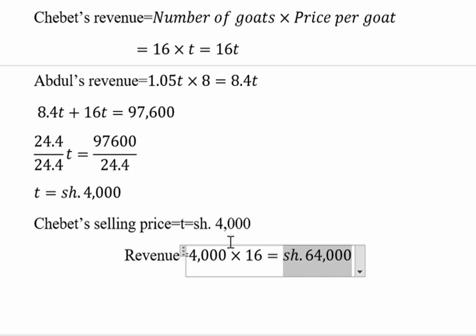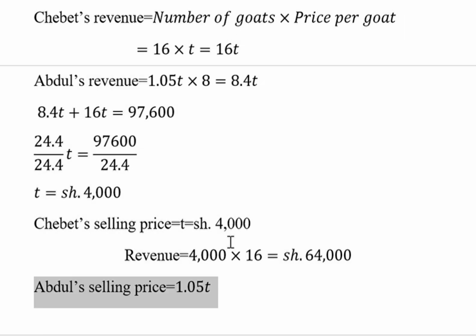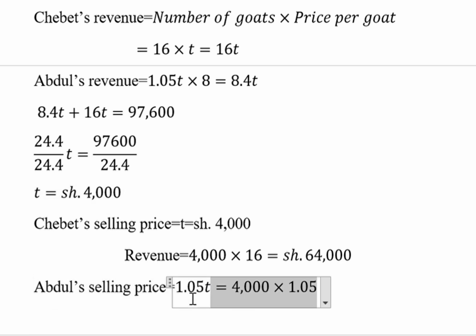Then we come to Abdul. The selling price for Abdul is 1.05T. That's the algebraic expression we had gotten before. But we have gotten the value of T to be 4,000. So if we multiply 4,000 by 1.05, we shall get 4,200.